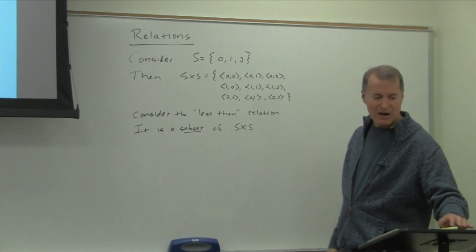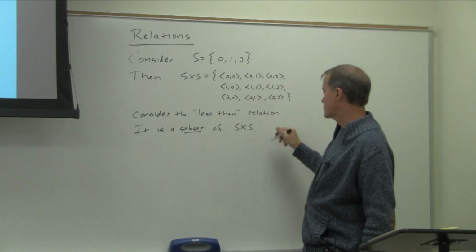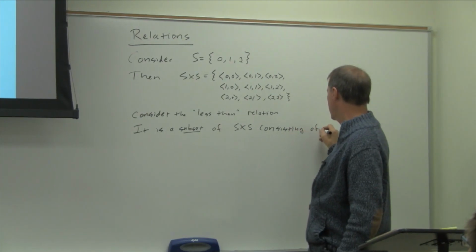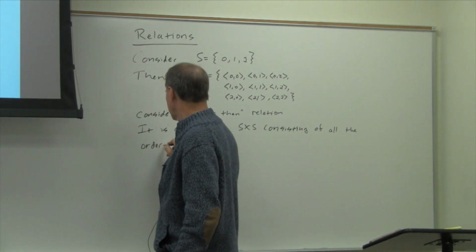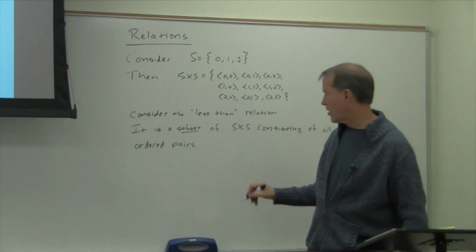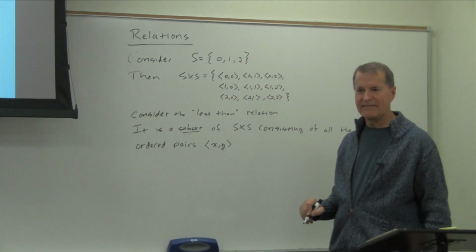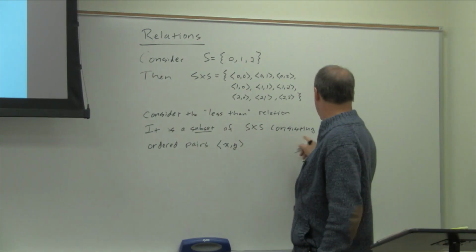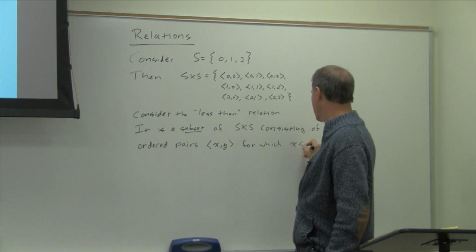Can you surmise what it is? What is S cross S? It's a set of ordered pairs, right? So it's consisting of all the ordered pairs X, Y for which X is less than Y, because it's the less than relation.